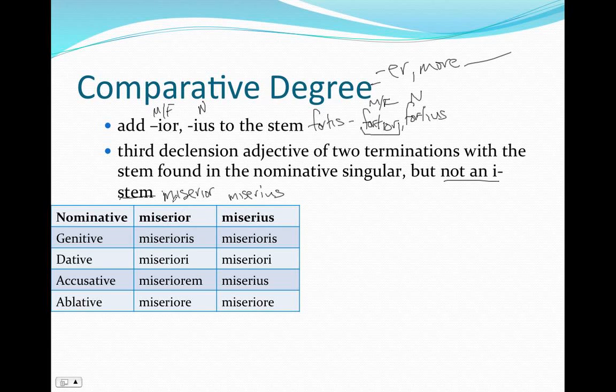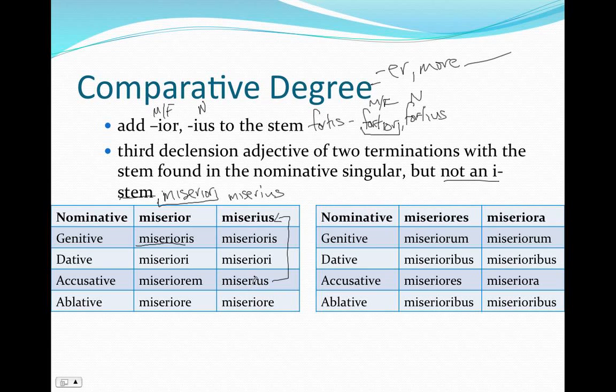And now our stem, remember, is going to be the entire nominative singular, and we add our third declension endings onto it. So genitive, misericoris, misericoris. Dative, miseriori, miseriori. Accusative, miseriorem, miserius. Remember, accusative is same as the nominative for the neuters. And ablative, miseriore, miseriore.